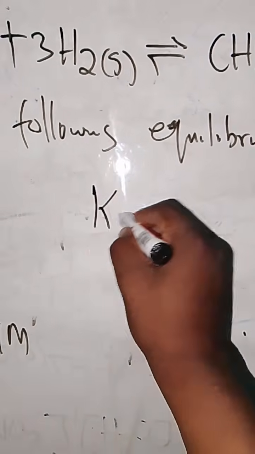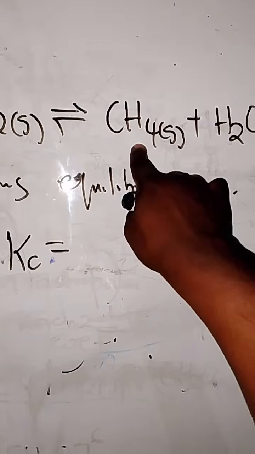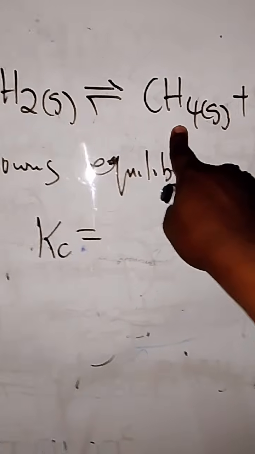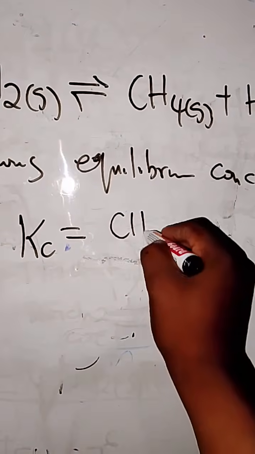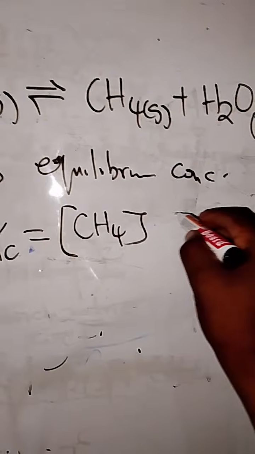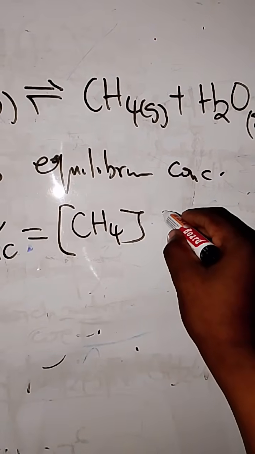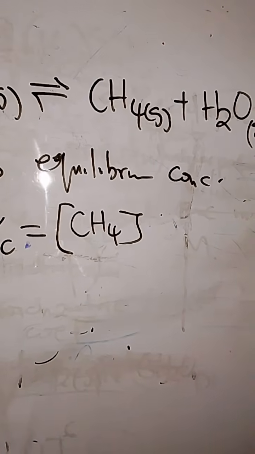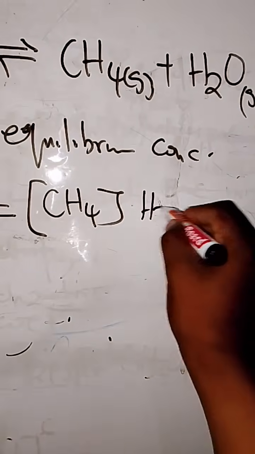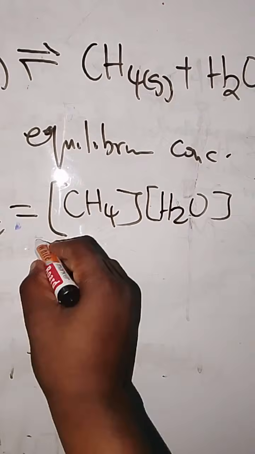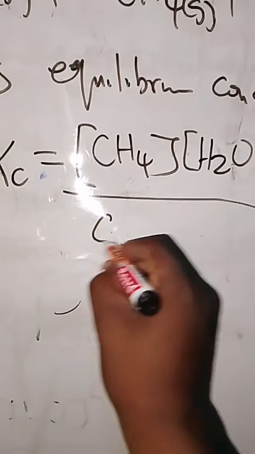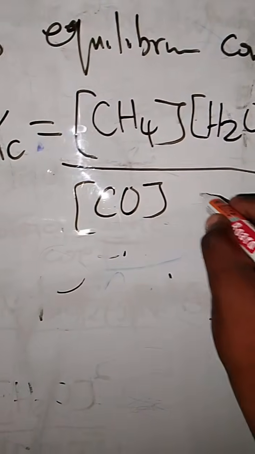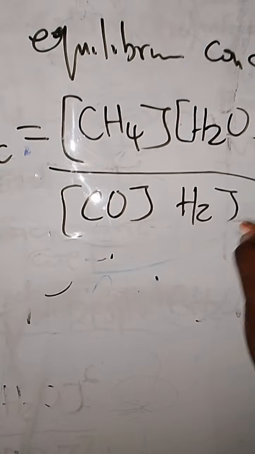Kc in this case is equal to the concentration of methane, CH4, times the concentration of water, over the concentration of carbon monoxide times the concentration of hydrogen cubed, to the power 3.